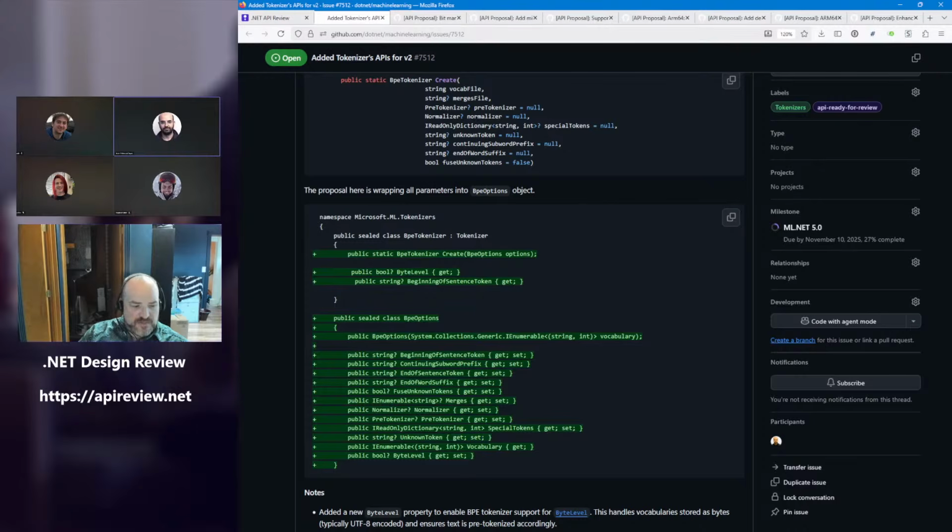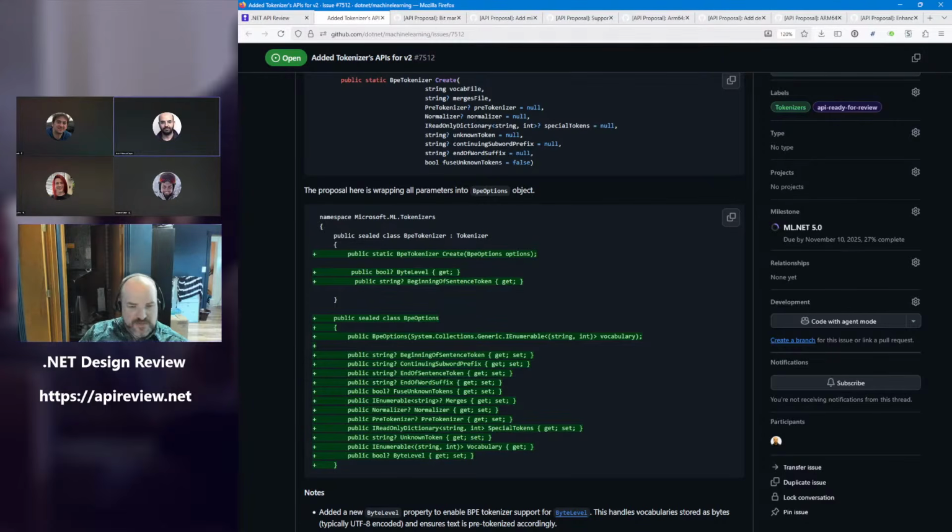This is the only difference between the create and the BPE options, because create was taking the path to the vocab file, which we require to be a JSON file. But with the BPE options, we are taking an IEnumerable, so users can pass whatever, just an IEnumerable from string to int, which is mapping the vocabulary to the IDs, and is not restricted to any format. So it's up to the user to read the vocab with any format and pass us an IEnumerable for it.